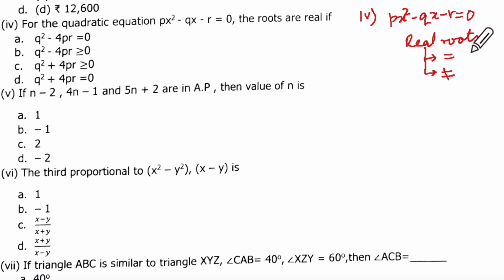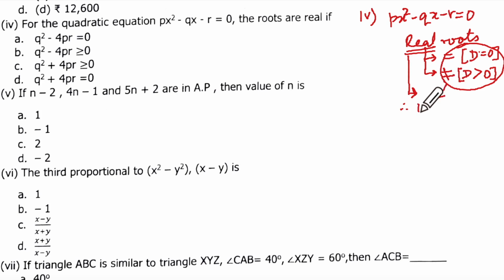Understood? If real and equal, this means discriminant is equal to 0. Write this because some of you did get confused. And unequal means that discriminant is positive, greater than 0. Correct? So here, real roots will include both of these, which means D is greater than or equal to 0.